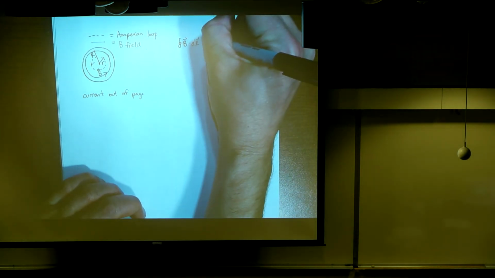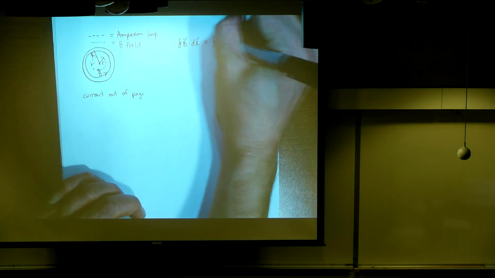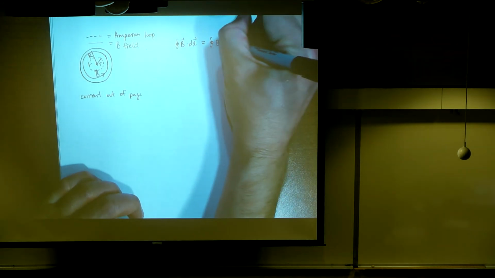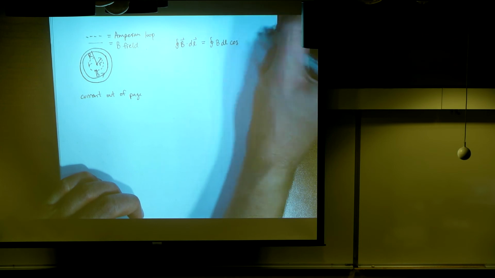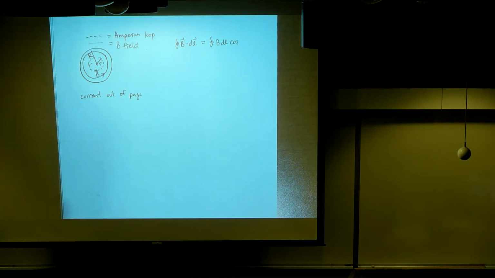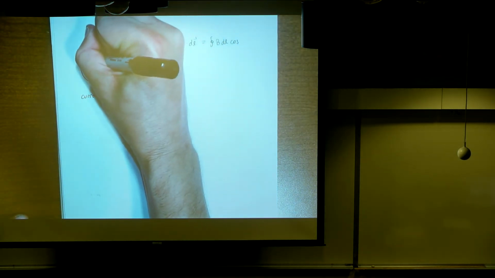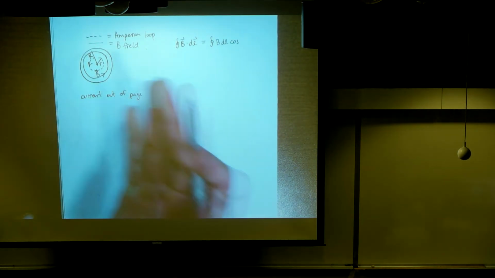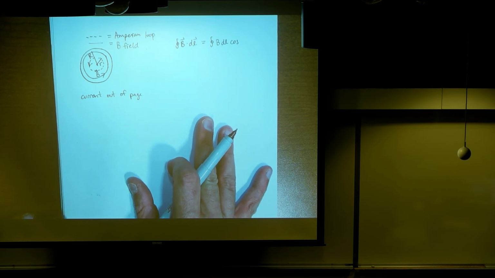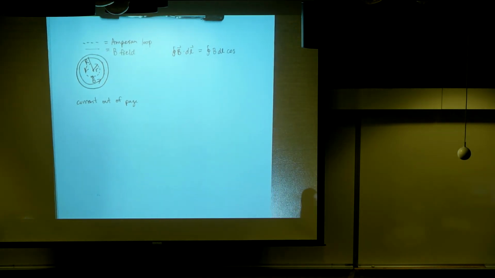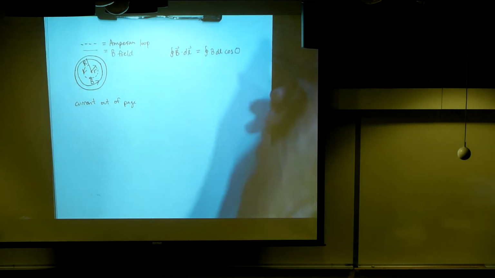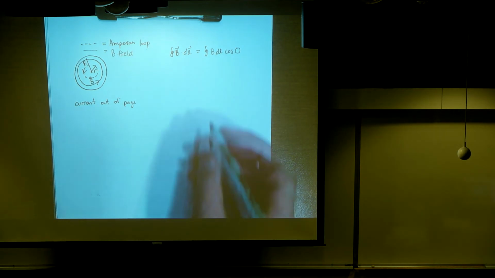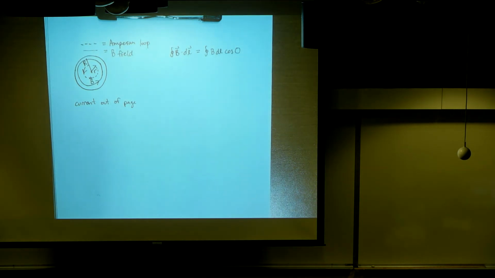All right, so the integral of B dot dl is the integral of the magnitude of B times the magnitude of dl times cosine of the angle between them. But I've chosen my loop so that it's going in the exact same direction as the B field, right? They're both going counterclockwise. So what's the angle between them here? 0 degrees, correct? What's cosine 0? It's 1.